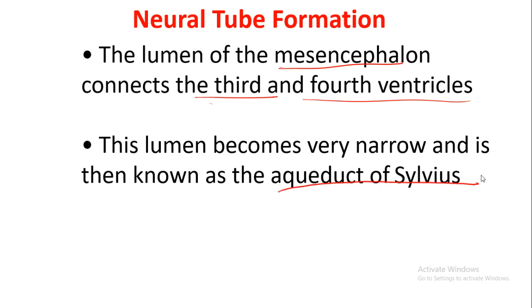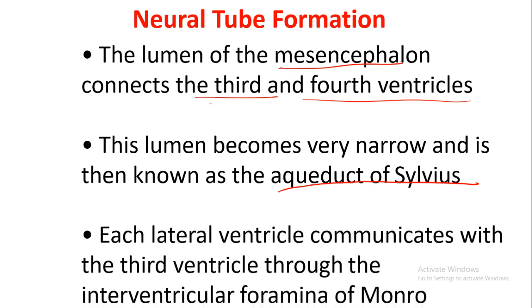So the lumen of the mesencephalon, which is taking place between the diencephalon and the rhombencephalon, becomes so narrow because it's connecting the third and fourth ventricle. It becomes so narrow and it leads to the formation of what we are calling the aqueduct of Sylvius. Okay, let's quickly move on.